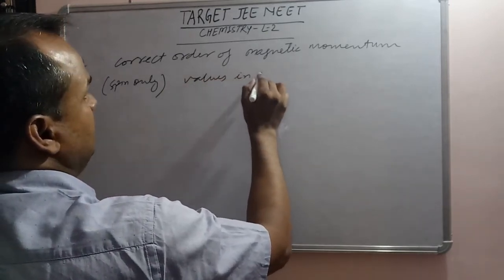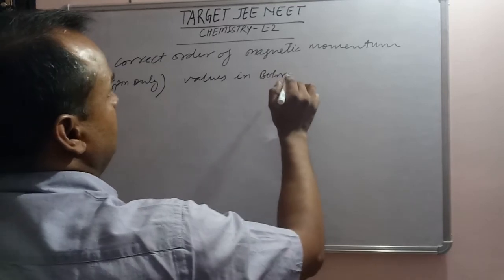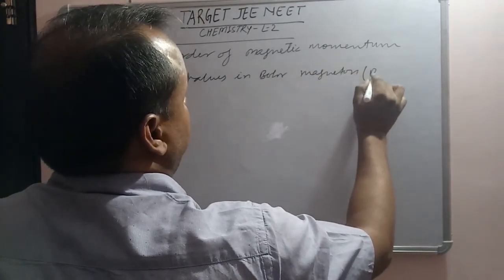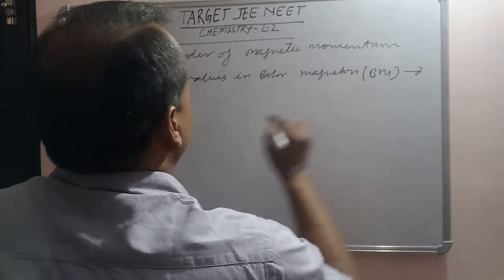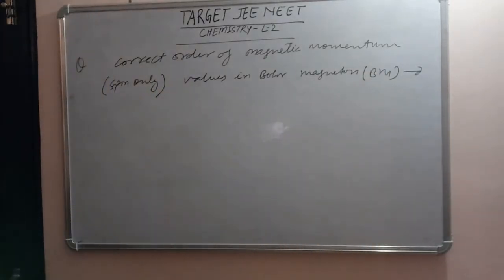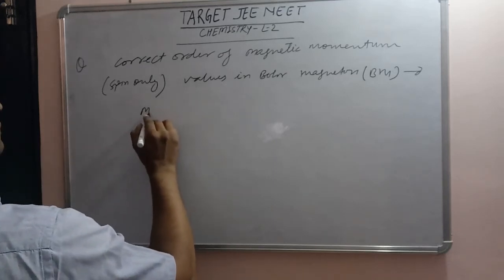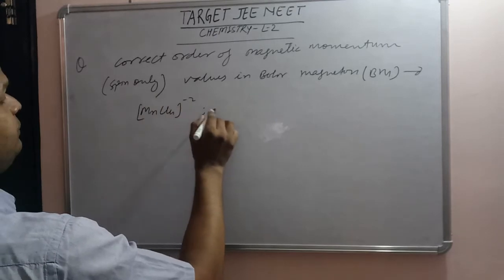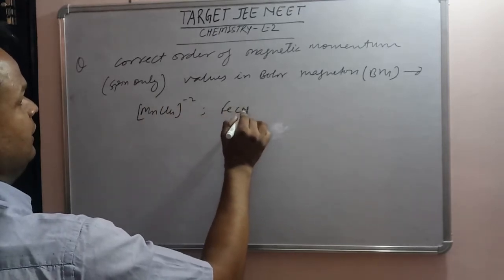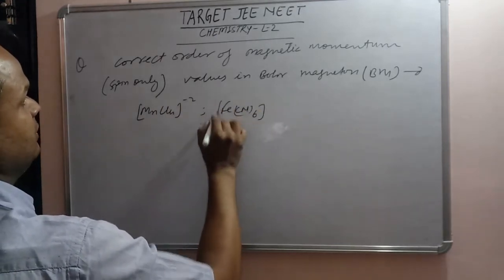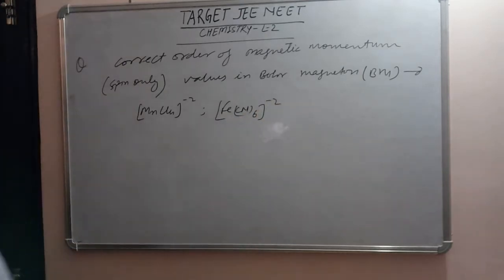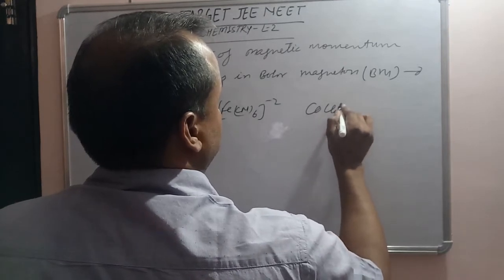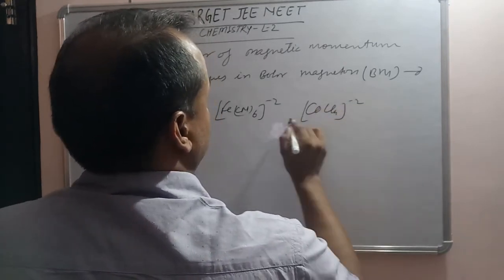Values in Bohr magneton is BM. The elements are MnCl4 minus 2, Fe(CN)6 minus 2, and CoCl4 minus 2.